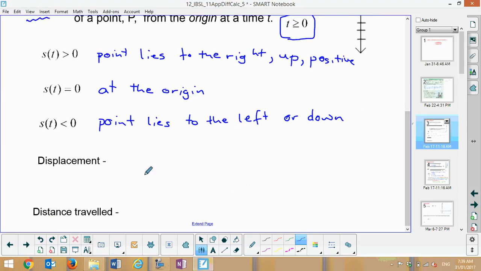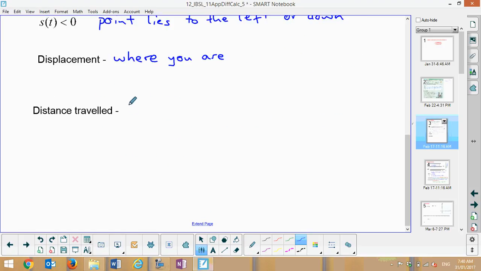Remember, displacement is where you are on your set of axes, whereas distance travelled is talking about how far you've travelled, or how far you've moved.